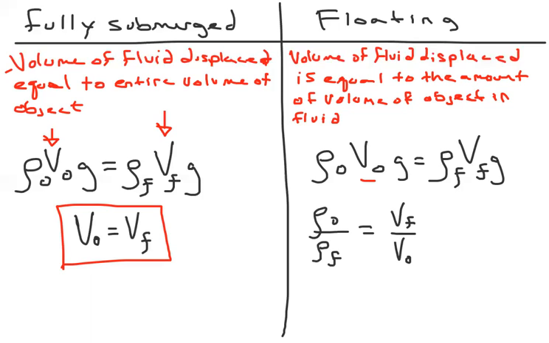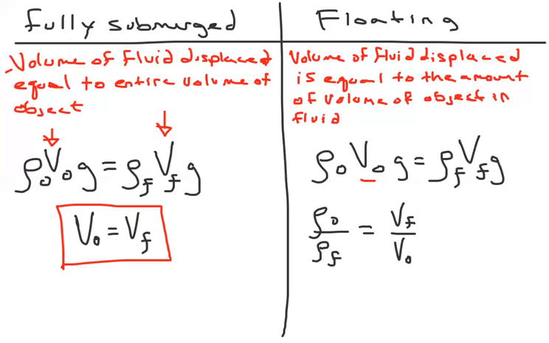Now remember, don't get confused here. This has nothing to do with the weight of the volume of fluid. We're just talking about the amount of volume, okay, in terms of the measure of volume. Okay, but remember, the buoyant force always is equal to the weight of volume of fluid displaced.